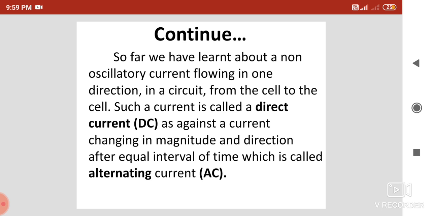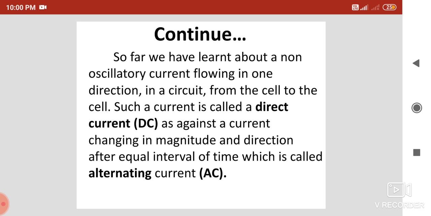In alternating current there is a change in magnitude and direction. It means positive can become negative and negative can become positive frequently. Here the magnitude also changes. Sometimes we get 220 volts, sometimes 200 volts, sometimes more than that.